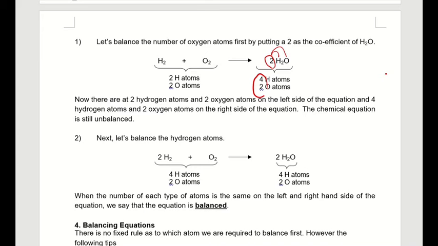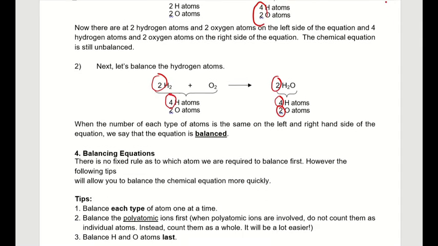So in this case then, what do I need to do? I need to go back to the left hand side. Then I need to multiply this by 2. Can you see here? 2. Then my hydrogen becomes 4. Now it's balanced. Can you see? 4 hydrogen, 2 oxygen. So this takes a lot of practice.